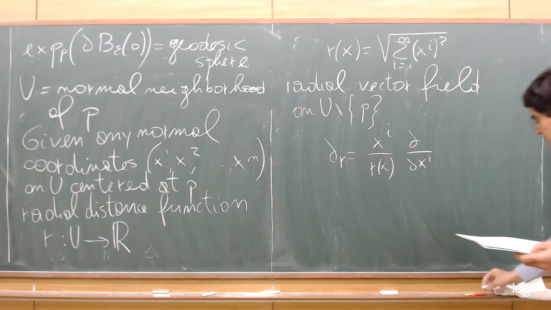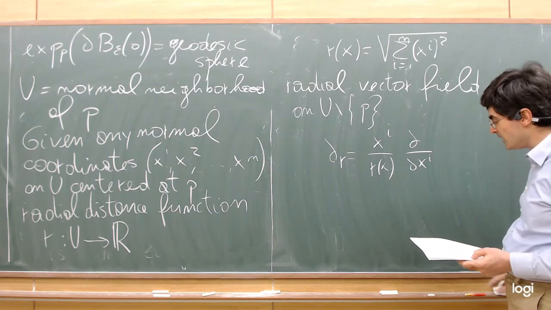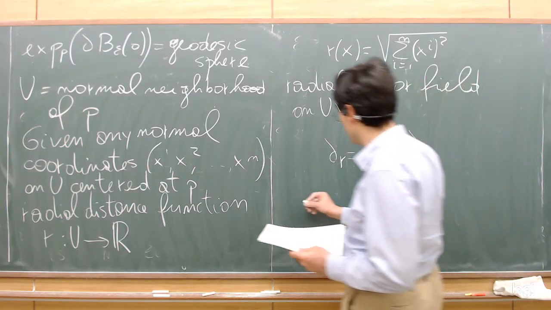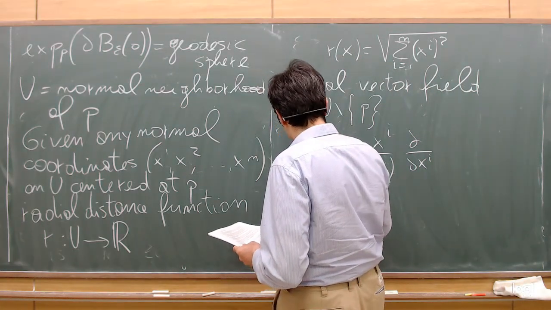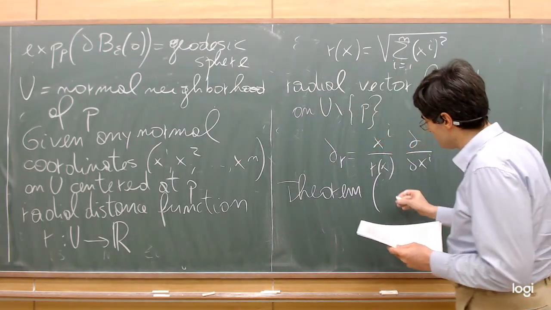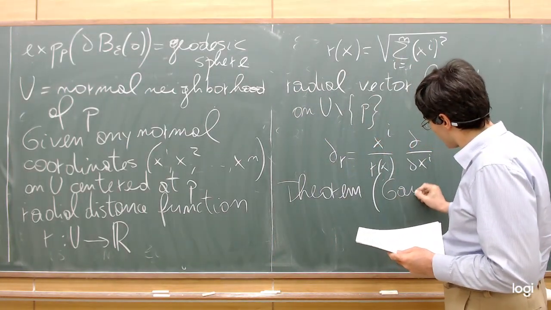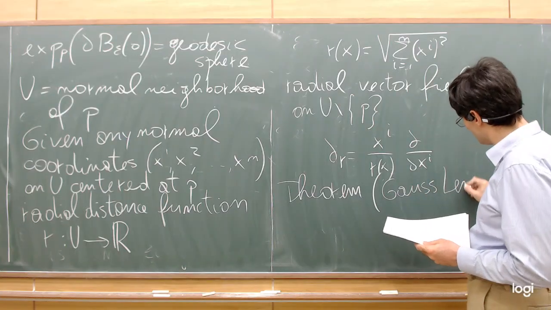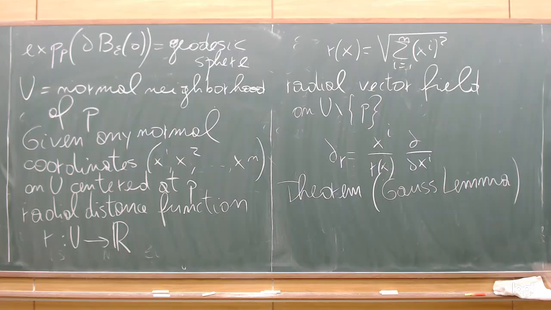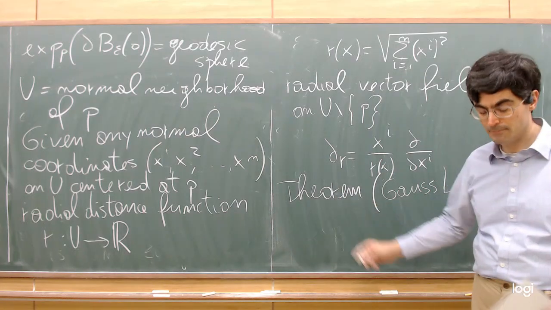Now, the key result for proving that geodesics are locally minimizing is the following very important theorem, which strangely has this name, Gauss' lemma, but it is so important that it deserves to be called theorem.